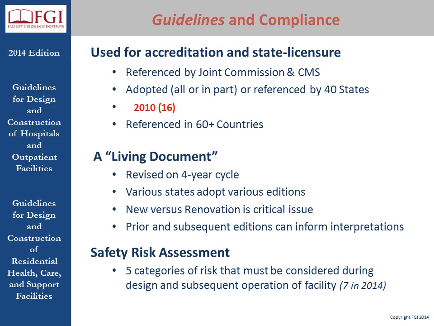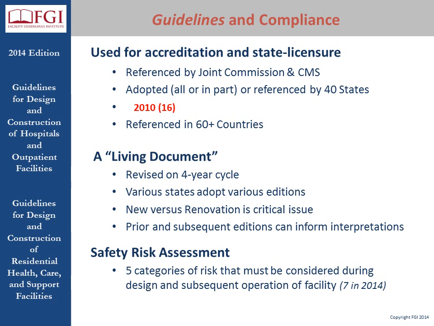And then the final general area where the guidelines and compliance are critical is the increasing focus on safety risk assessments. In 2010, there were 5 categories of risk in part 1 of the document, and the guidelines, again, mandate that you consider them when you're designing the facility. They range from security in a facility to infection control to patient handling and movement.